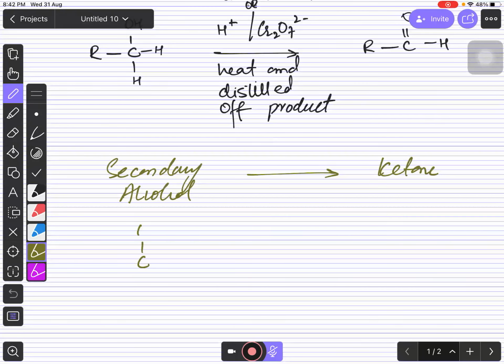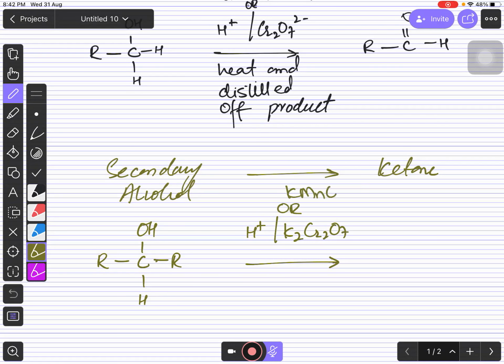If you have alcohol with OH, and on this carbon you just have a single H, and on both sides we have carbon chains, then if you do the oxidation of this, acidified with dichromate or even with KMnO4, you can use KMnO4 over here as well, because there is no next reaction after the formation of ketone.